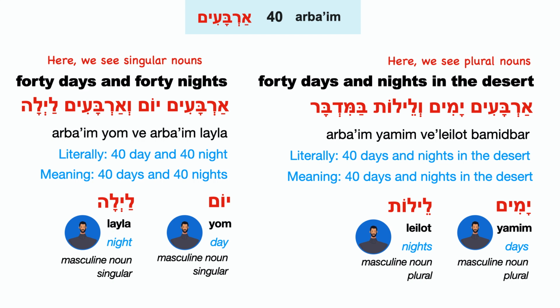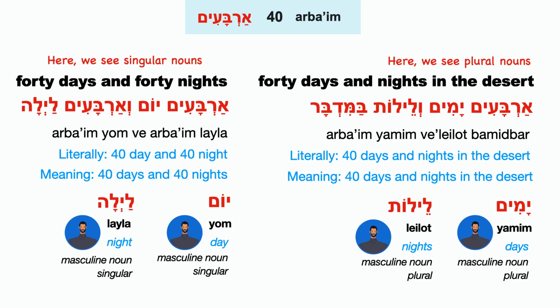So here we're reading 40 yamim veleilot bamidbar. 40 yamim, 40 days, ve, and leilot means night. Ba means in the, midbar means desert.